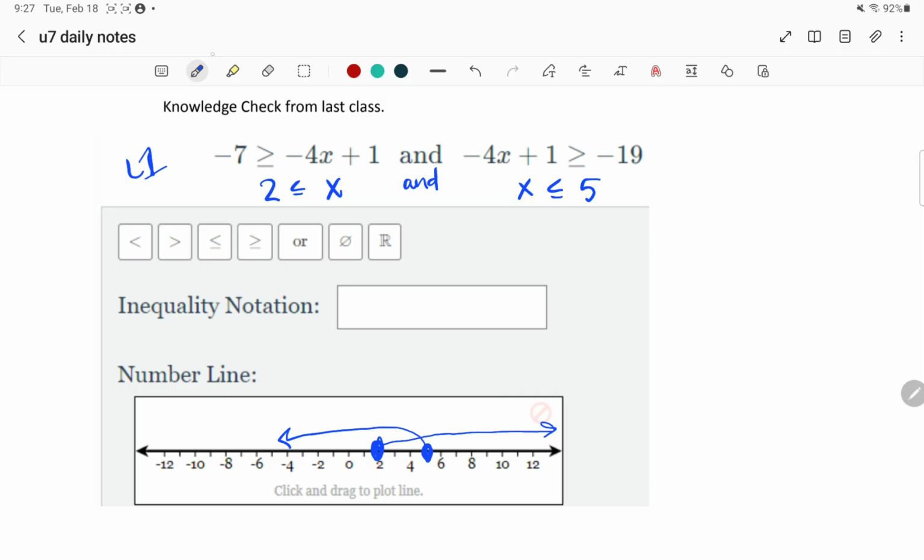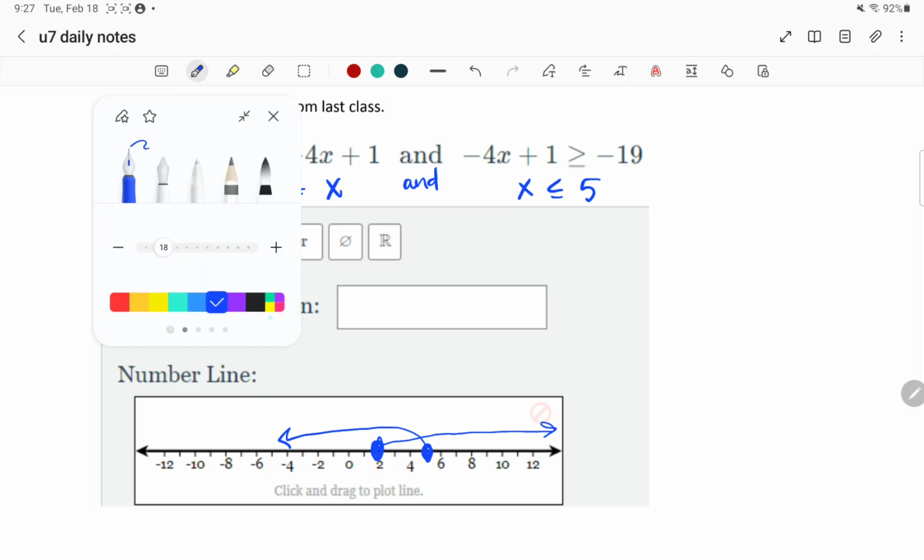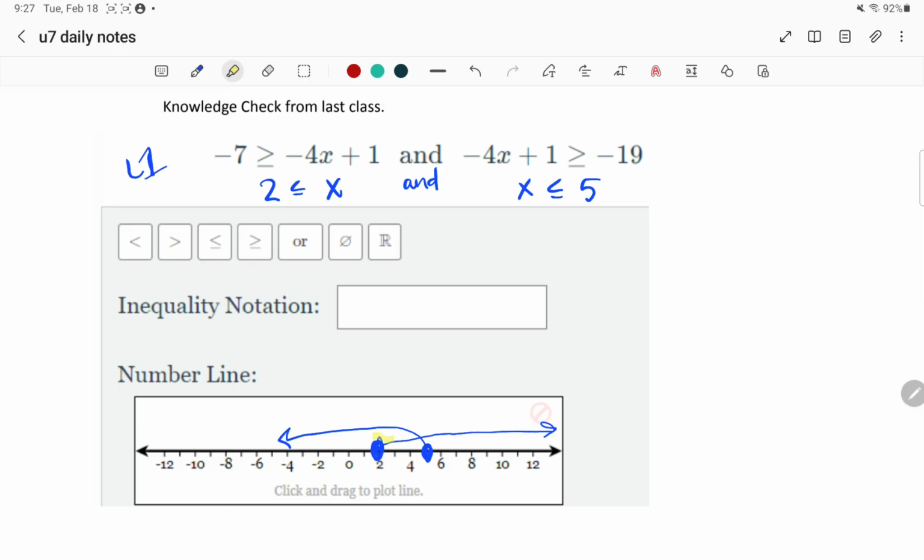It's an and statement, so that's when I'm keeping the overlap. Everything else needs to go away. So this part I'm keeping, everything else goes in the garbage. I get Baymax's face. That's my final, and it's written in one piece. If I write it in one piece in the number line, I have to write it in one piece up top. And when it's an and statement, I have to squish it together.